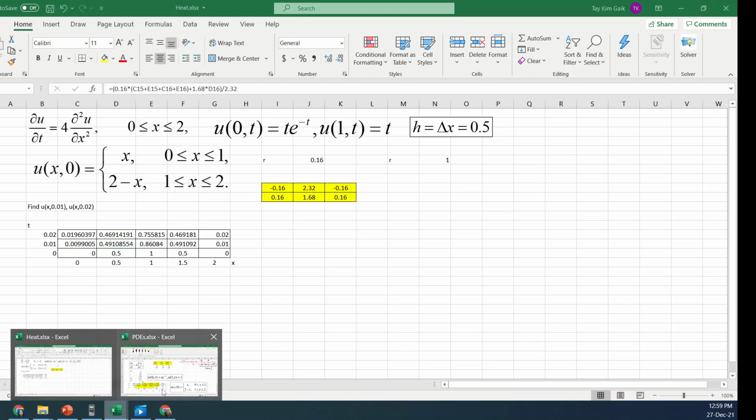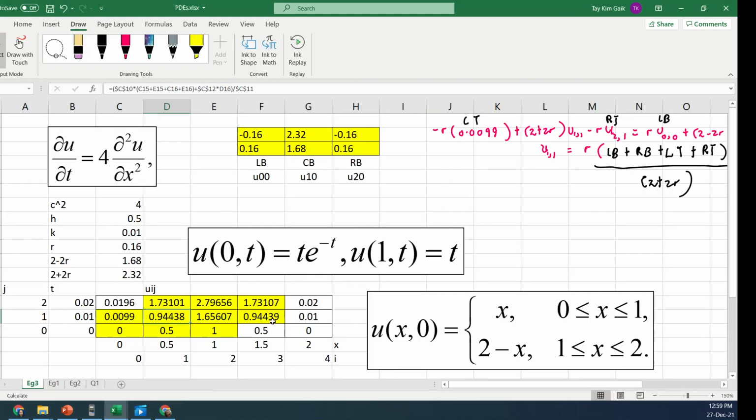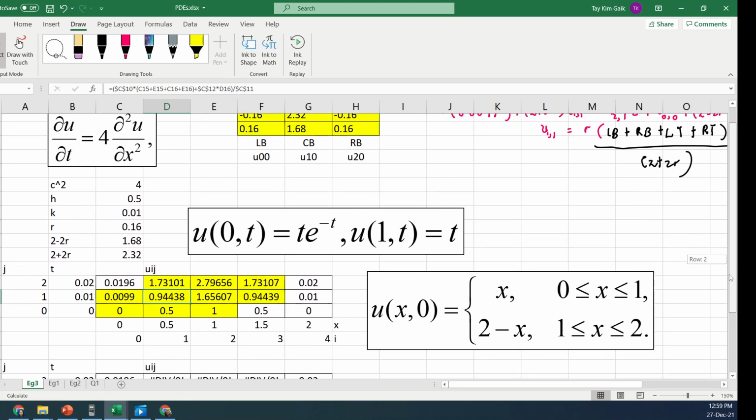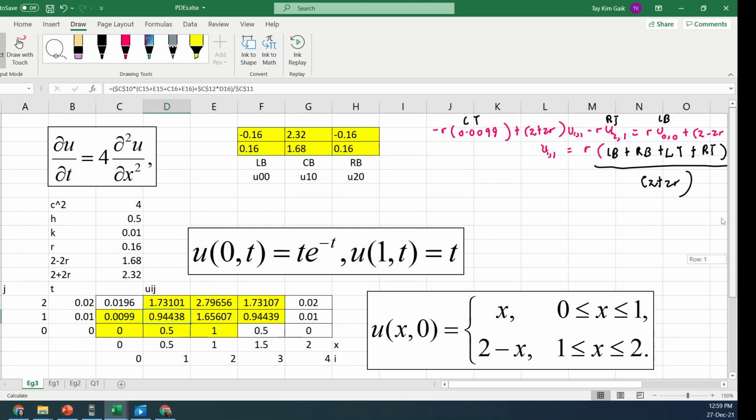And then provided you turn on iterative calculation. I think it's still not the correct formula. Let me see whether I key in correctly. R is C10 times left top C15, E15, C16, E16 plus C12.